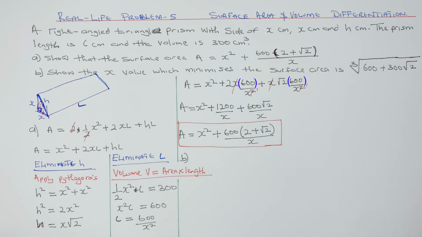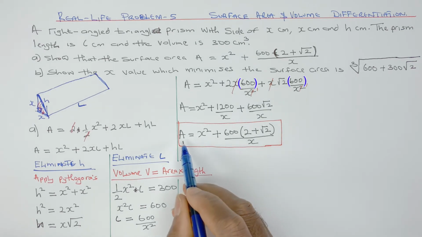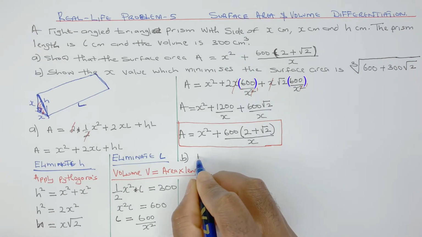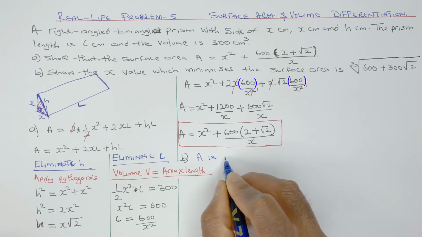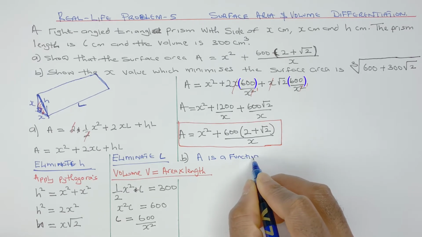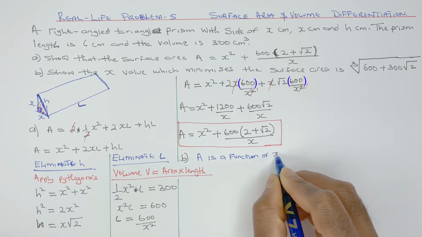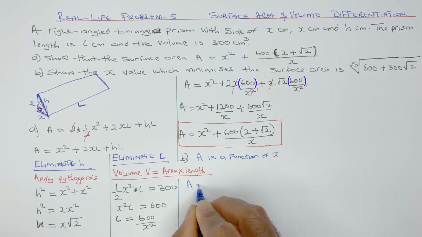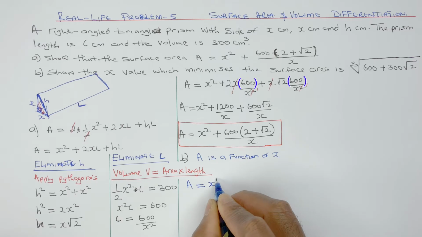The first thing we have is that there's a relationship between surface area and x. So therefore, A is a function of x. In that case, we then say A equals x to the power of n.